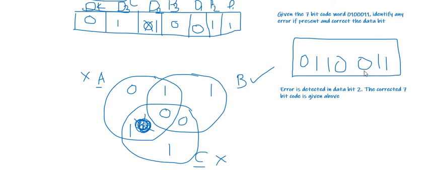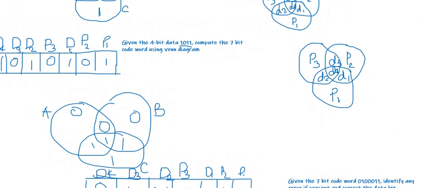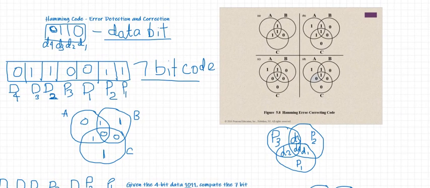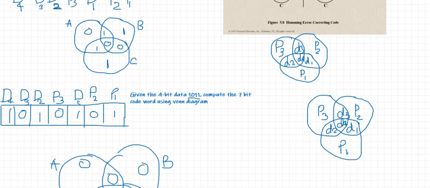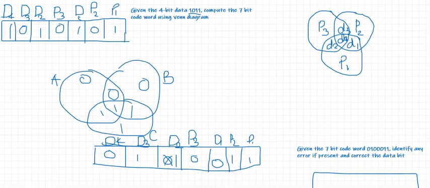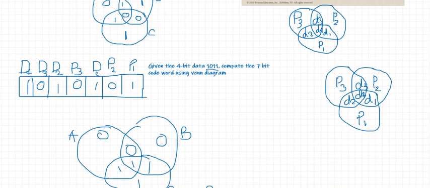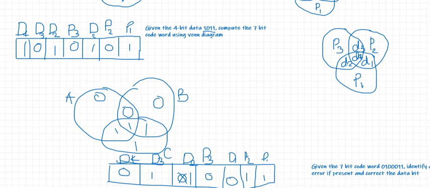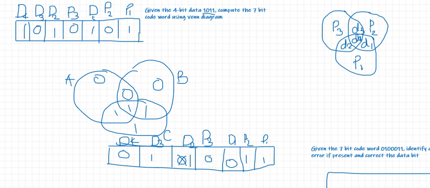So in this way, if you are given a 4-bit code, okay, let me show you. If you are given a 4-bit code, you can find the 7-bit code word like this. Here I gave a 7-bit code word.